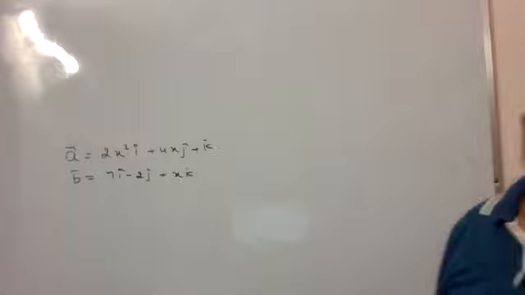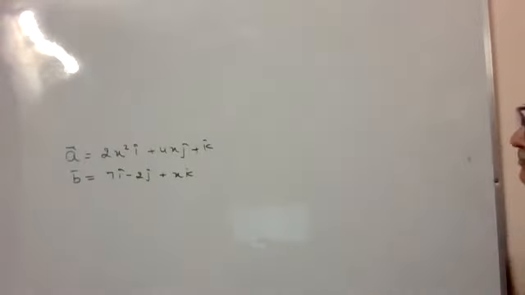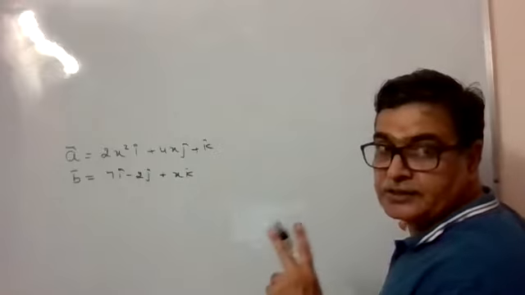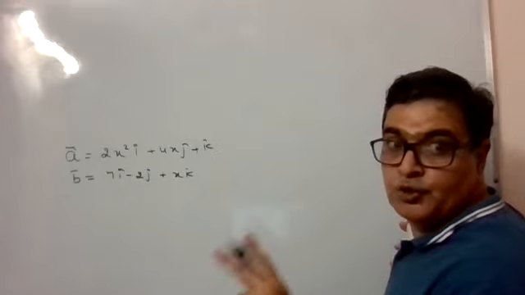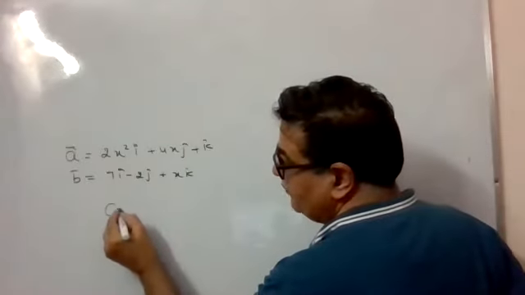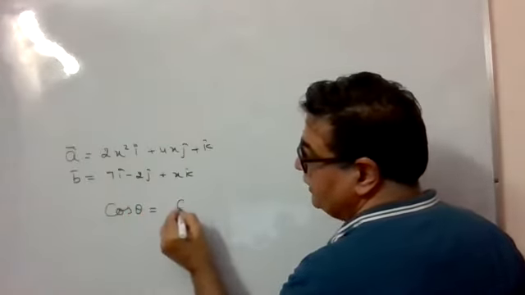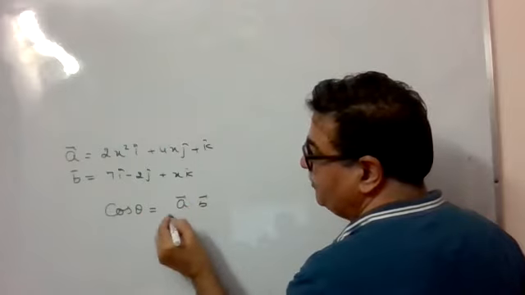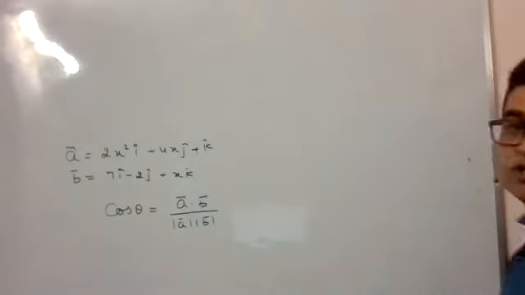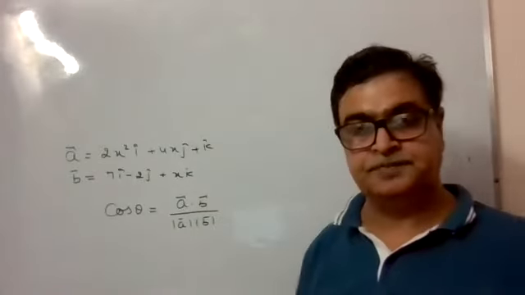How do we do this? The angle between these two vectors must be obtuse, then we should calculate what x should be. First, the formula: cos theta is A dot B by magnitude A magnitude B. This is the formula for the angle between two vectors.